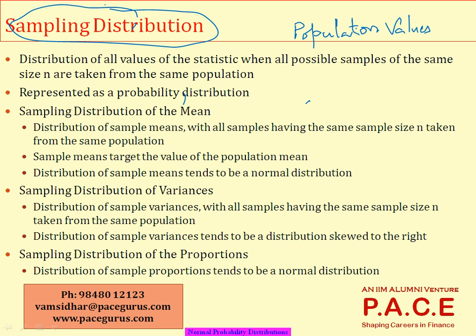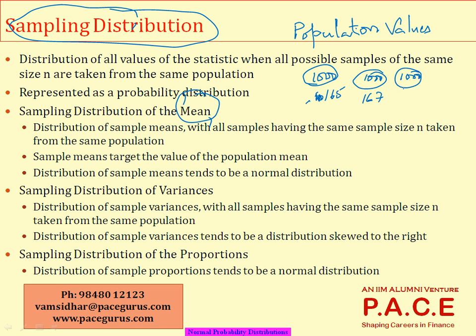It could be represented either in the form of a histogram, a graph, or a probability function. For example, if I want to take the sampling distribution of the mean, I take some thousand people and find the mean. It came out as 165 centimeters. I took some other combination of thousand people and measured their height. The average came out to 167.